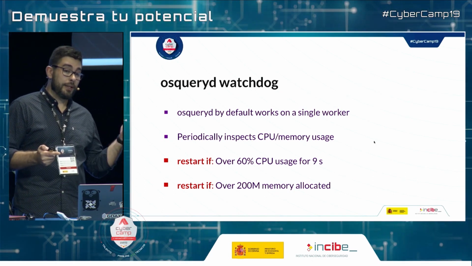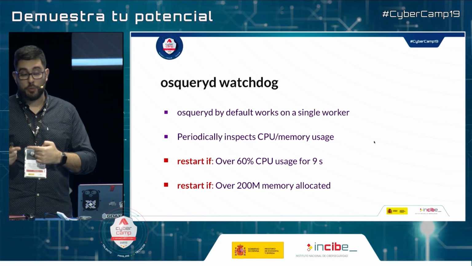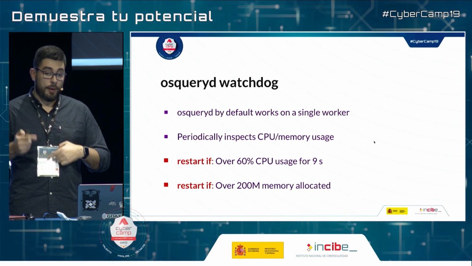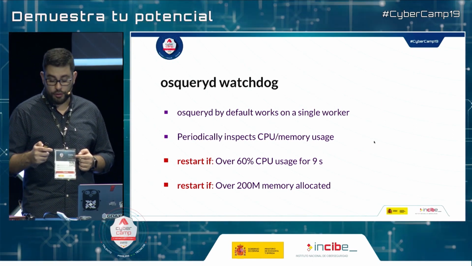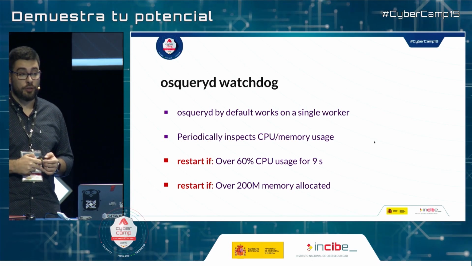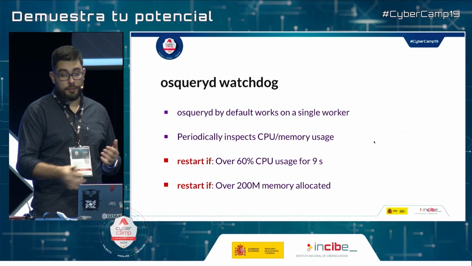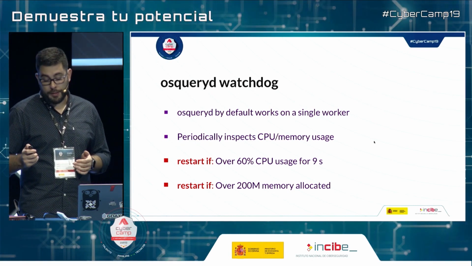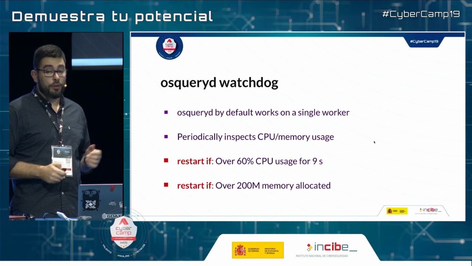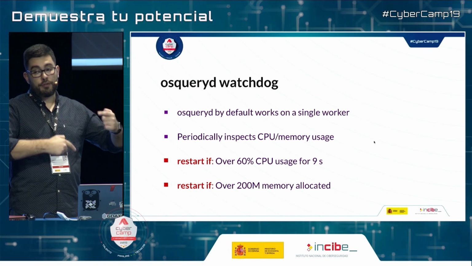You could hash all the files that I have in my home, because you might find a large file and osquery might start working, and this will increase the CPU above 60% for more than 9 seconds. You can set this up manually. I want it to be less restrictive, for example, or I want it to be more restrictive. And that's the same with the allocated memory.